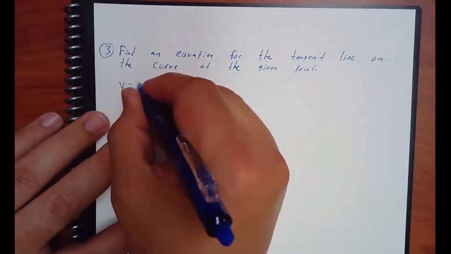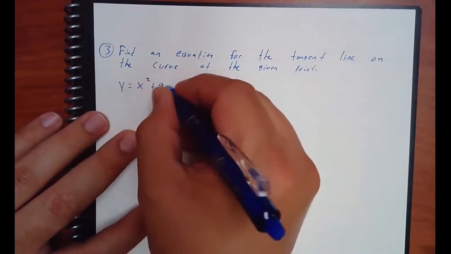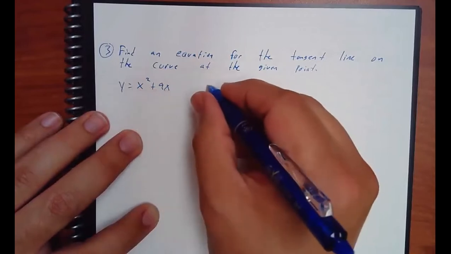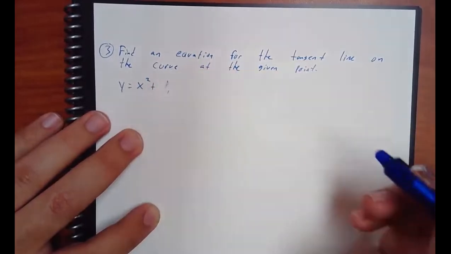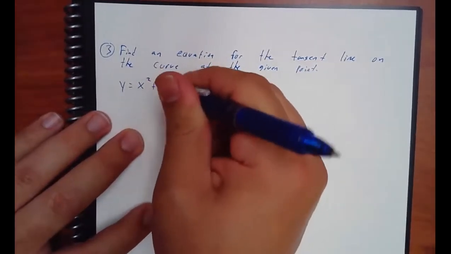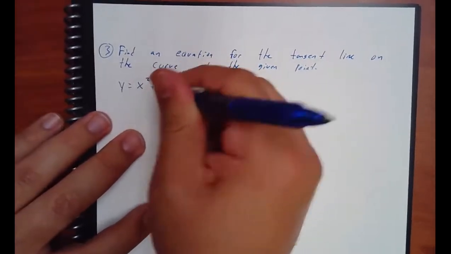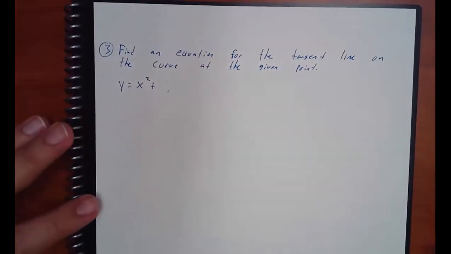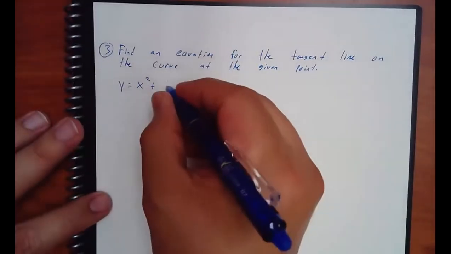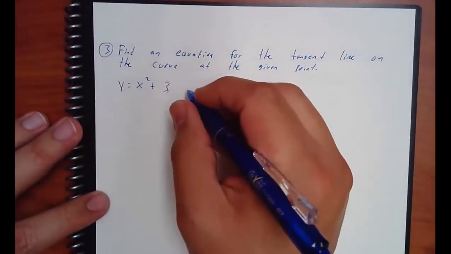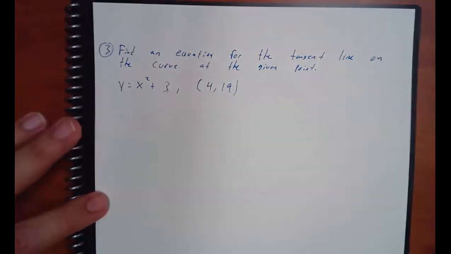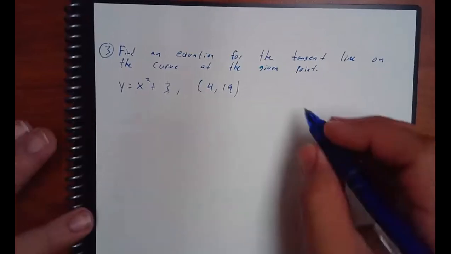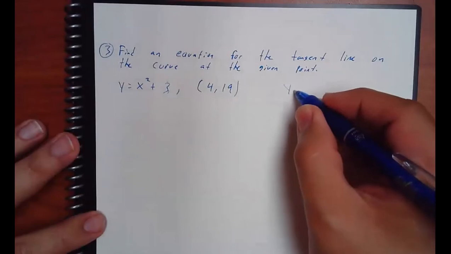So y equals x squared plus 3, and they gave us the point 4, 19. So basically, what we're going to need is this equation. This is not given to you.